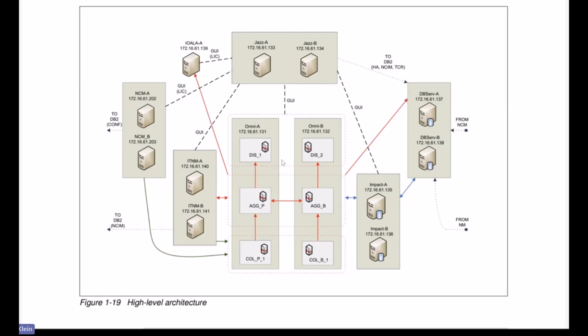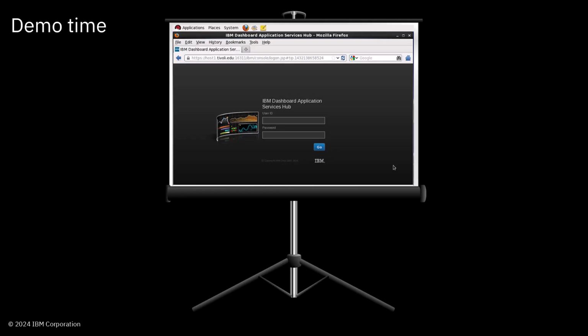This is a fully resilient setup. This architecture picture does not include any probes, so you can set up the probes also in a resilient way. So they shadow each other. There's a primary and a secondary probe, and if the primary fails, it switches over to the backup, yada, yada, yada. All these kinds of details are explained in this Redbook.